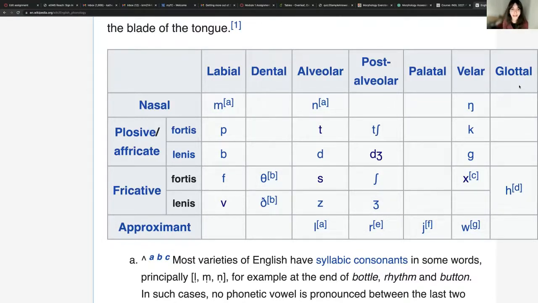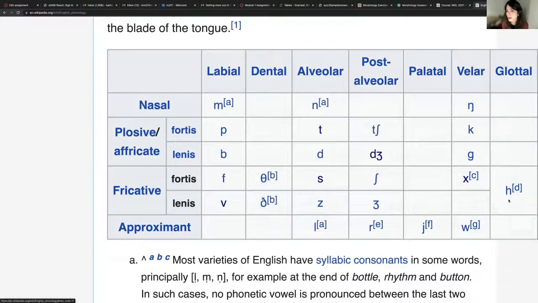Okay, so it has the names for the places of articulation. Notice how in this particular chart, our retroflex, lo ponen como si fuese alveolar. And that's because we mentioned it's the tongue being raised towards the alveolar region. So you have place of articulation up here, and then you have the consonants.